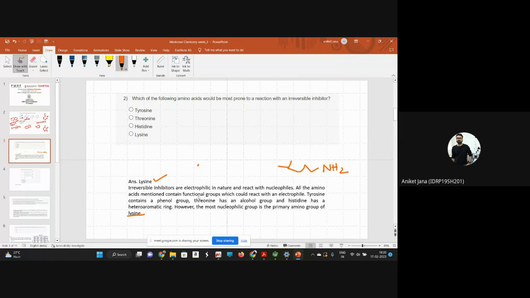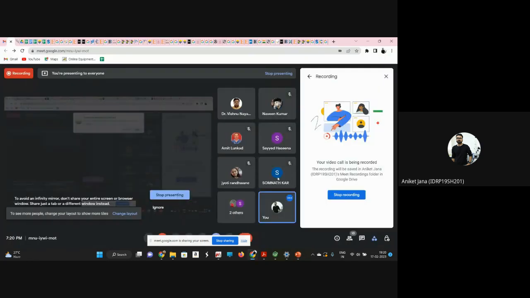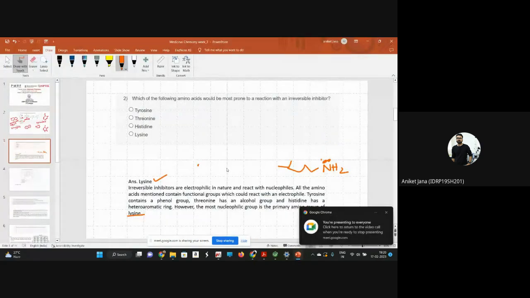As we discussed, irreversible inhibitors are electrophilic in nature, meaning they are electron deficient. Here we have the nucleophilic center, the NH2 group. It has a lone pair of electrons, so it acts as the nucleophile and reacts with the electrophile of the inhibitors.